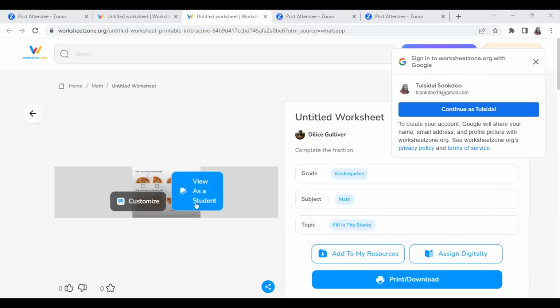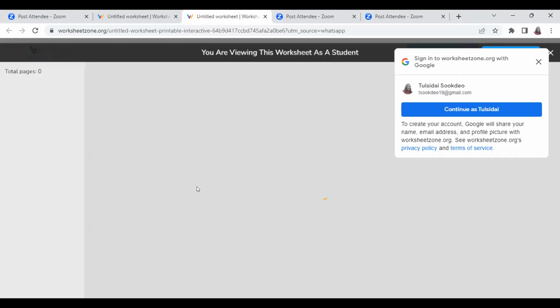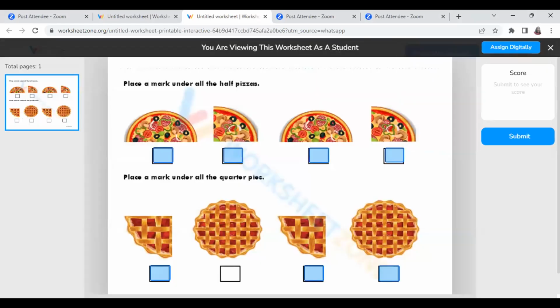Group 1, can I see what you're doing? I would like to see how you're doing the activity to see if you understand. Okay, let's give group 1 a minute. Can you see now? Yes, I am seeing it.